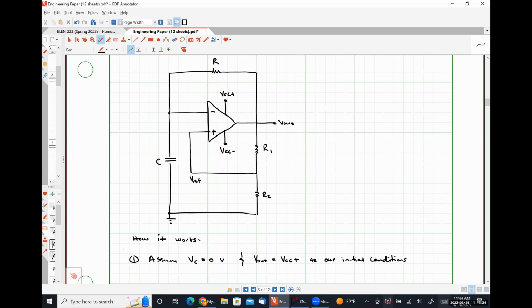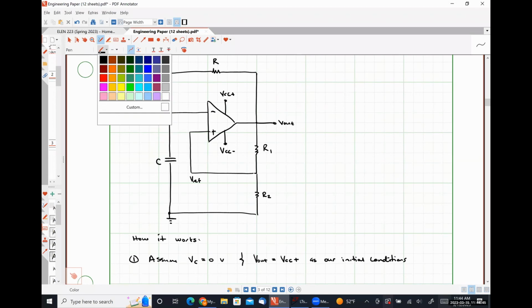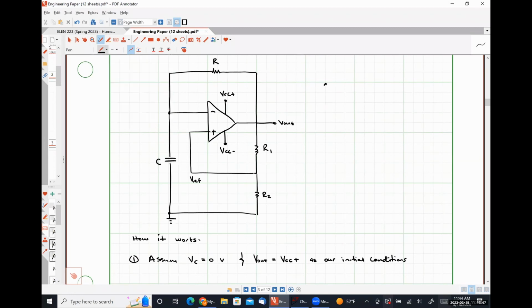So effectively, our current is going to put charge on our capacitor and it's going to slowly charge up. Since we know roughly how capacitors work from our previous experience, I'm going to make a plot here.